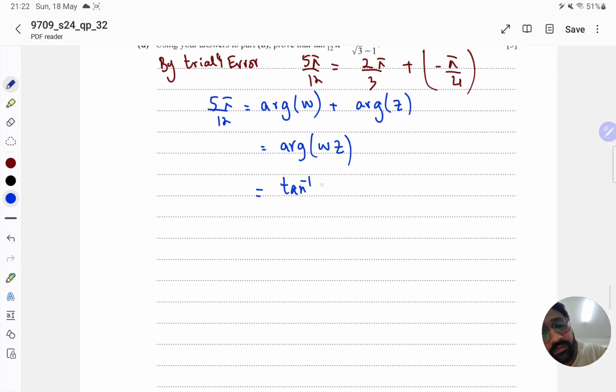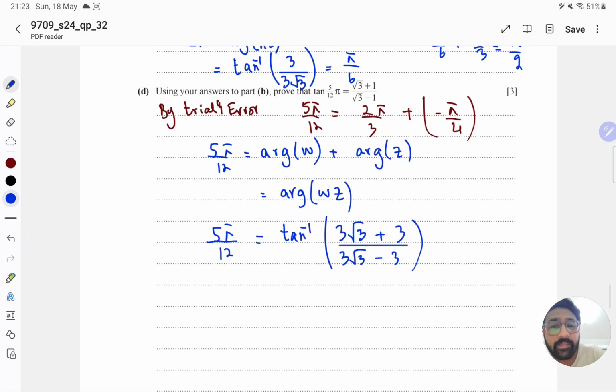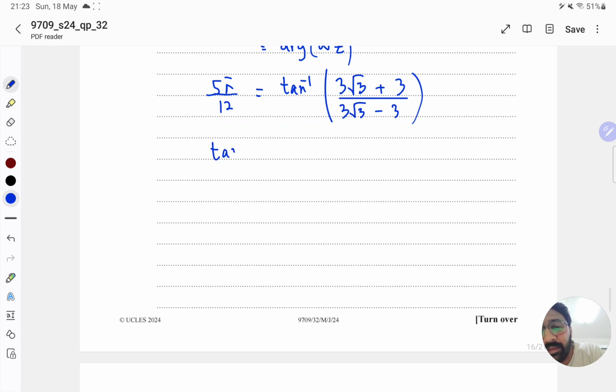Tan inverse of 3 square root of 3 plus 3 divided by the same thing but with the negative sign, and it is equal to 5 pi by 12. So I'll take the tan to the other side. Tan of 5 pi by 12 is equal to 3 square root of 3 plus 3 divided by 3 square root of 3 minus 3.